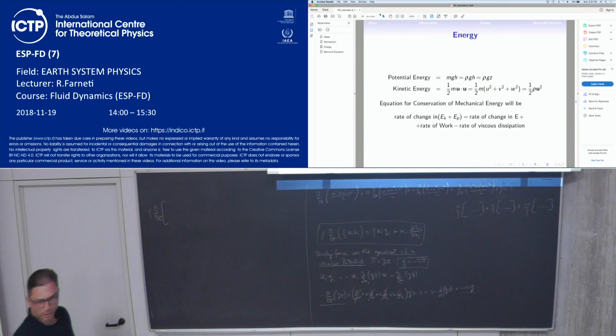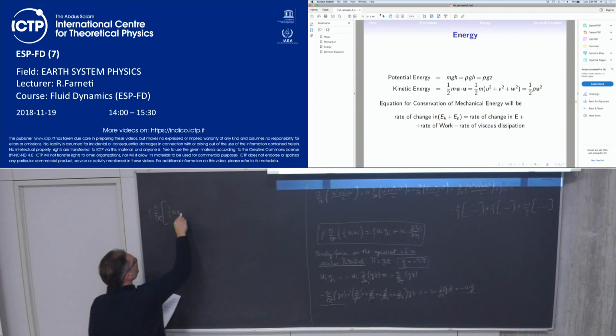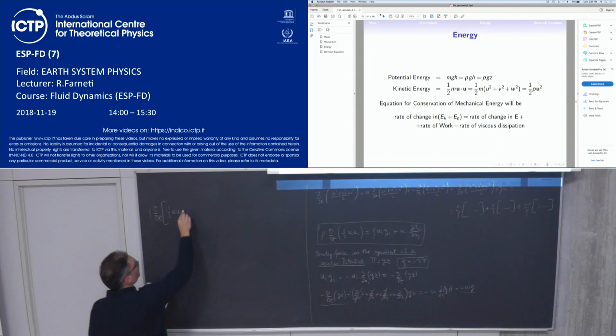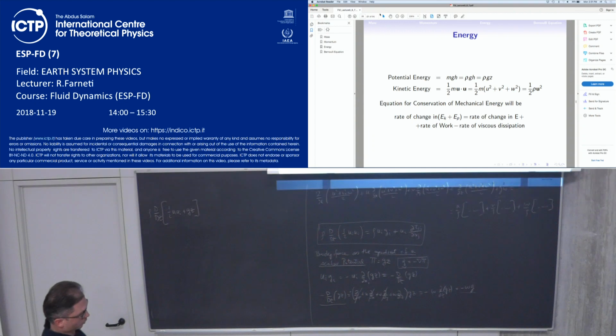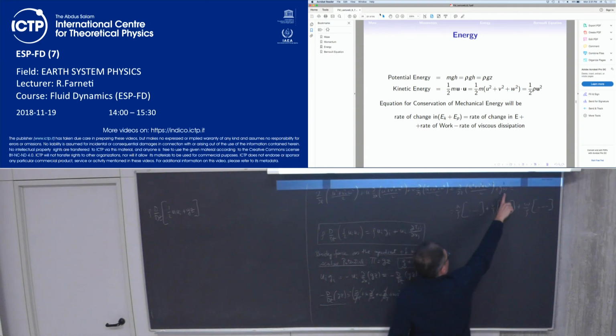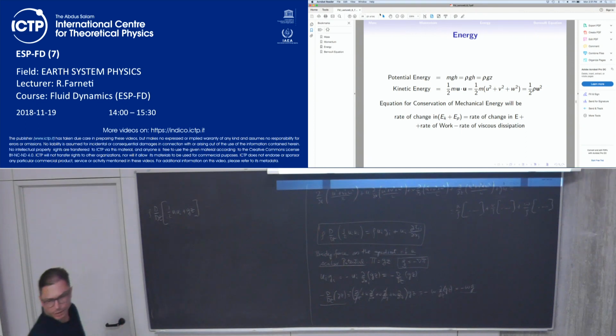Now I can say that the Lagrangian derivative, or the rate of change of energy in my elemental fluid, is the rate of change of the kinetic energy, which is the term that I have here already, plus that term, which is the rate of change of the potential energy. Now I can write this body force as the Lagrangian derivative of Gz, and so I can put it there.